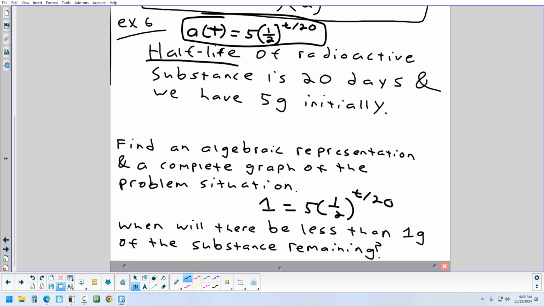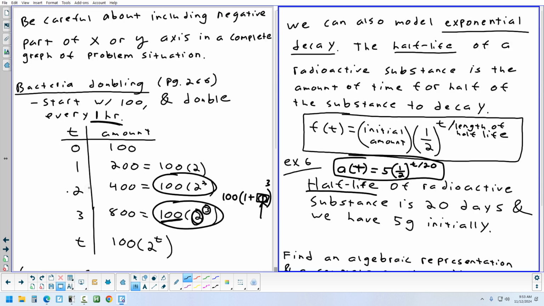Well, if you find out when there's exactly 1 gram, any time after that, it's going to decay more and there'll be less. So basically figure out where they cross and then tell me that the answer is anything after that number. Anything before that number and it's still going to be above 1 gram. We can practice another intersect tomorrow.